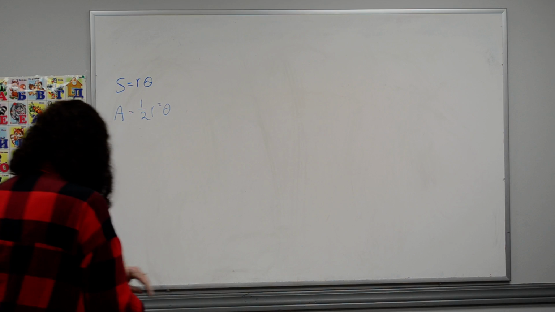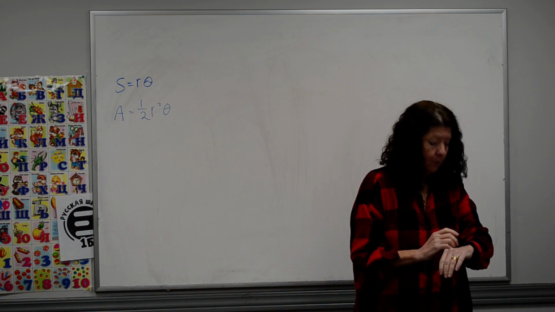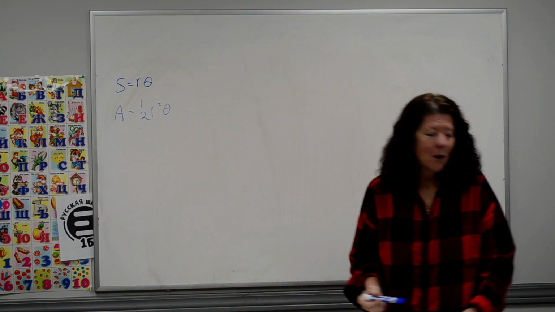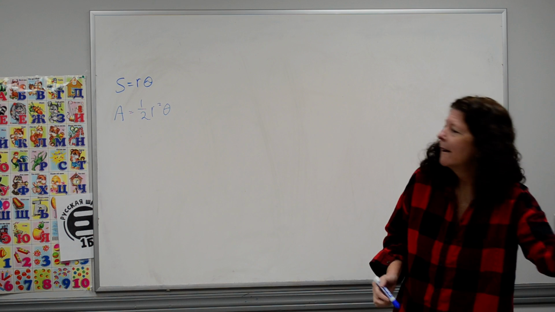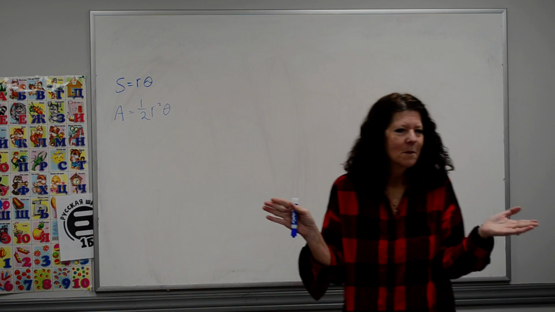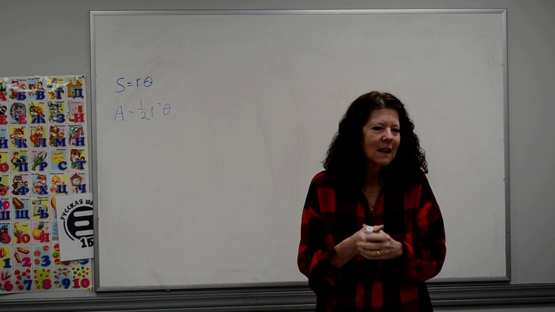Okay, all right, we are going to switch today to radians. You knew it was coming. Remember me talking to you about how the whole world uses the metric system, but in America we still use inches and feet.